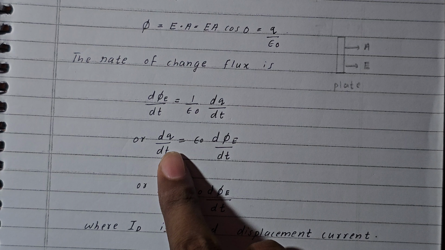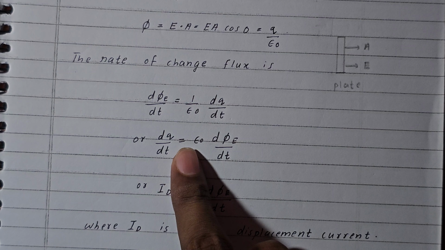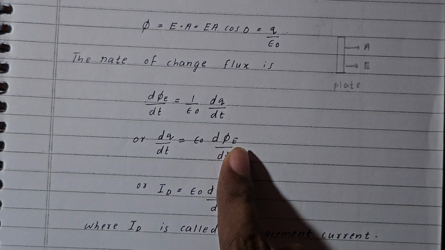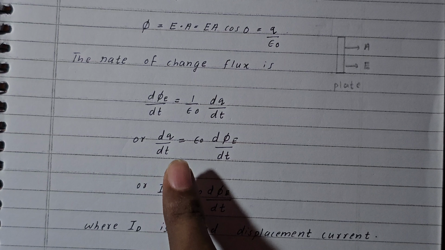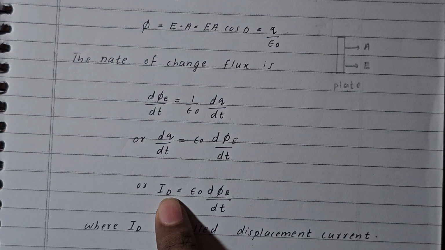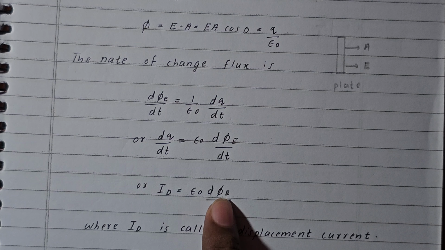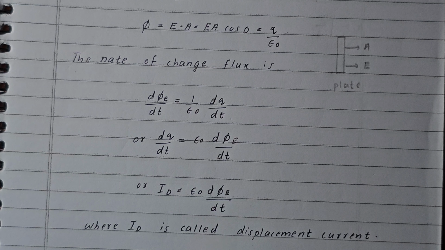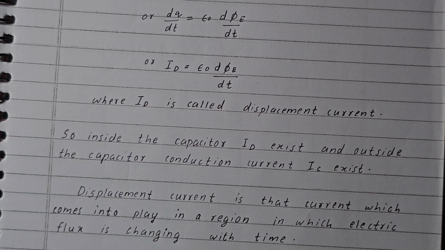Rearranging the equation, we get dq by dt is equal to epsilon 0 d phi E by dt, or dq by dt is id. That is, dq by dt is the current. So id is equal to epsilon 0 d phi E by dt, where id is called the displacement current.